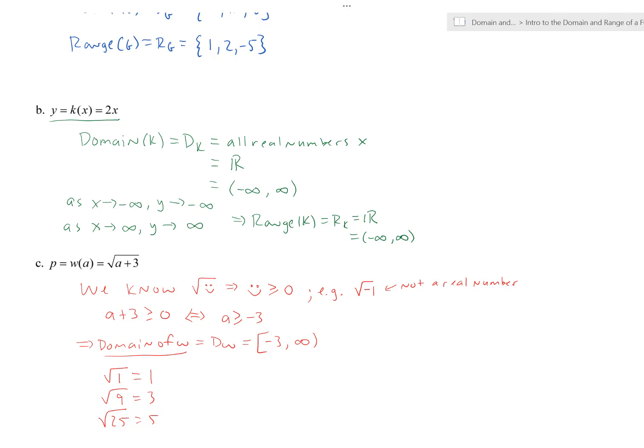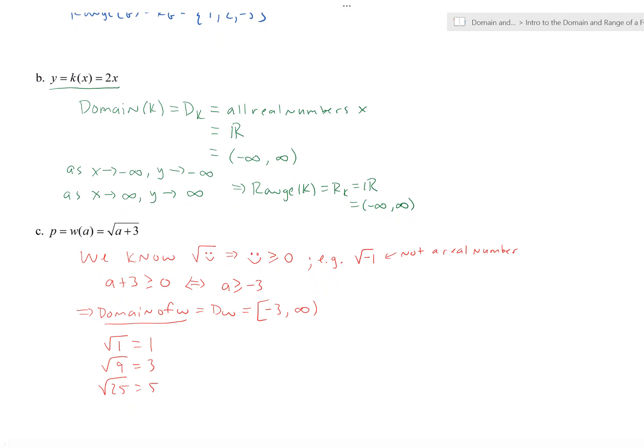Now the smallest value is going to be at the very left-hand side of the interval for our domain. That's going to occur when a is negative 3. So if a is negative 3, w of negative 3 is the square root of negative 3 plus 3, which is the square root of 0, which is 0.